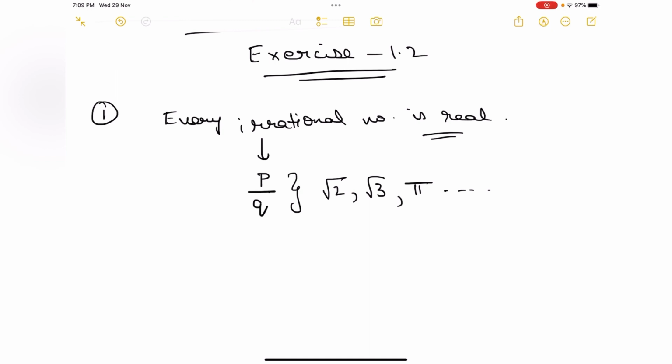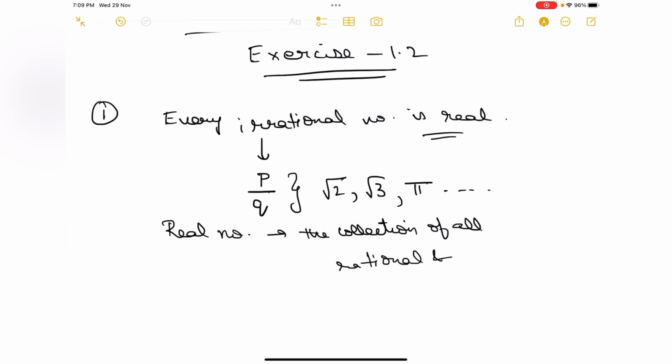And what are real numbers? Real numbers are basically the collection of all rational and irrational numbers, because they're all real, right? Irrational numbers, they're all existing.